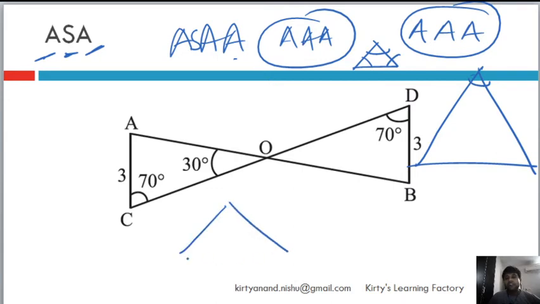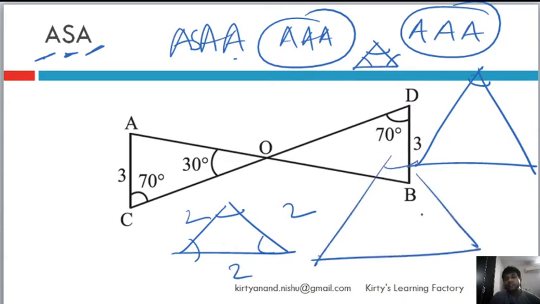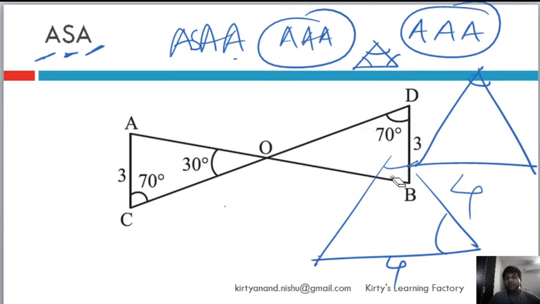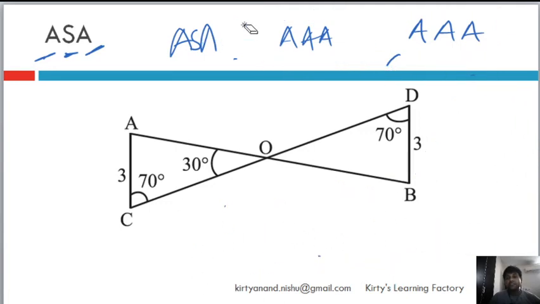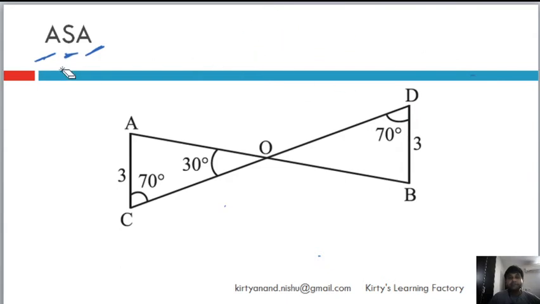I can draw one equilateral triangle as 60 60 60, so all three angles are equal and the sides can be 2 2 2, and the other equilateral triangle I can draw again 60 60 60, but sides will be 4 4 4, so in size it is different, but for congruence the size and shape both have to be equal. Which is why we need a side to say with confidence that two triangles are congruent. Angles alone will not make triangles congruent.